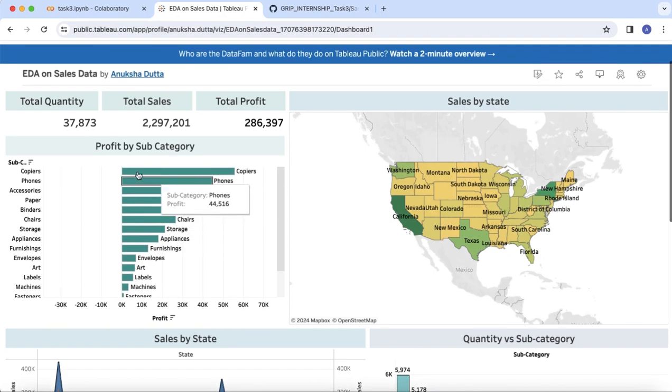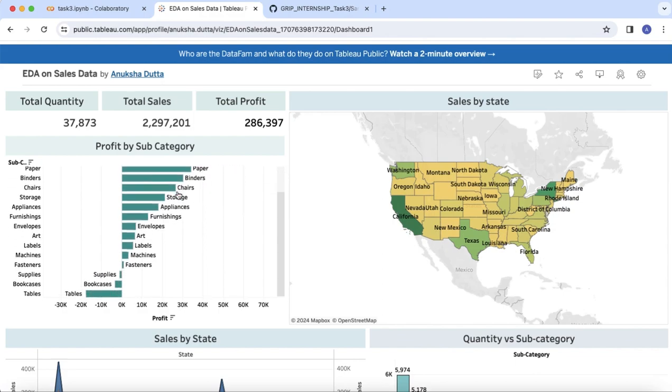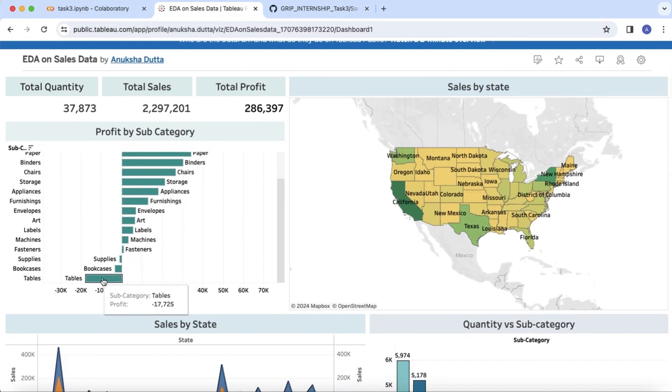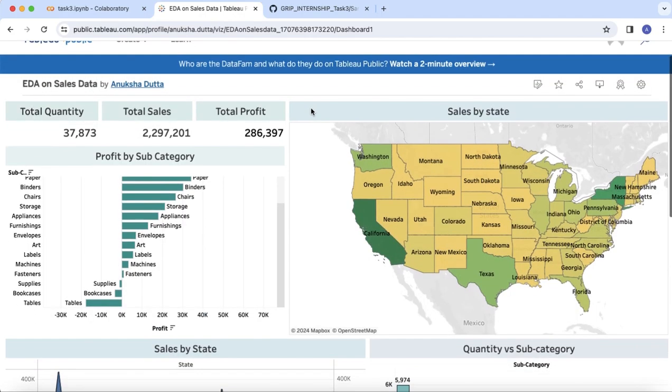We can see that the highest profit was earned in the copiers subcategory, which was 55,618, and there was a significant loss in the tables subcategory, that is 17,725.